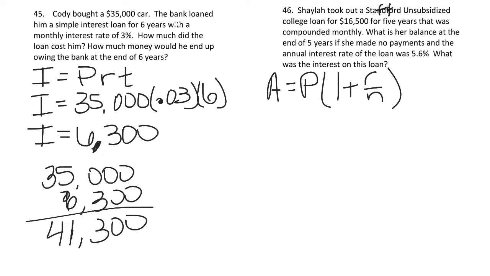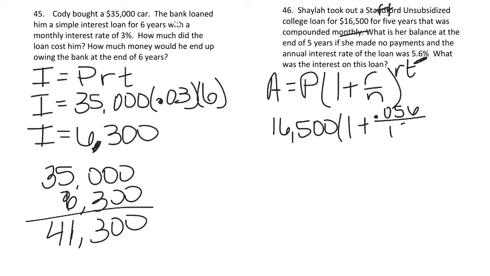We have to convert the yearly rate to a monthly rate, and for the time, we convert it to months. So 16,500 times 1 plus the rate, 5.6%, so 0.056 divided by 12 monthly. And then it's, I'm sorry, this is NT, not RT: 12 months times 5 years.